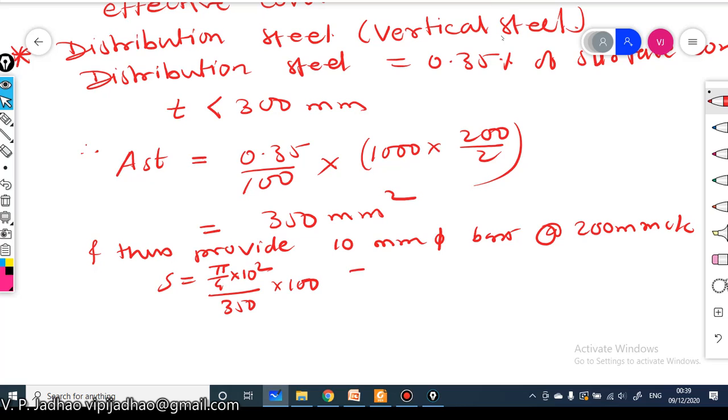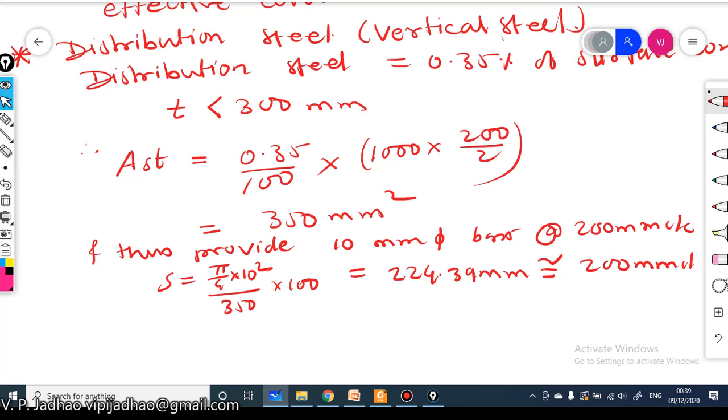So this spacing comes out to be 224.39 mm. Let us consider we provide at 200 mm center to center. So this is how the vertical steel or distribution steel will be required to be provided.